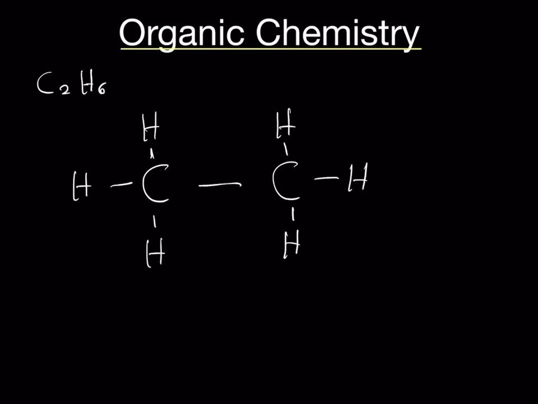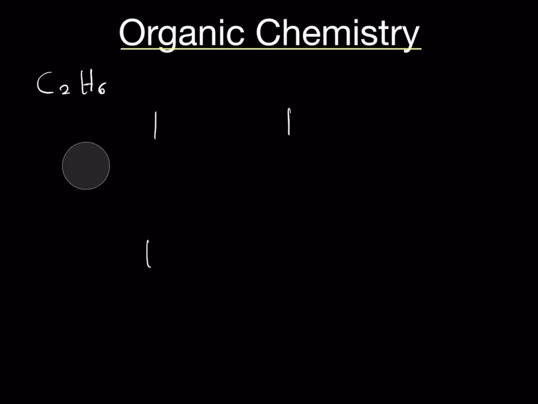Another way to approach it, which I sort of did, is to draw the number of carbons. Just draw the carbons next to one another, and then distribute the hydrogens equally among the carbons. So if you have 2 carbons and you have 6 hydrogens, each carbon would get 3 hydrogens.